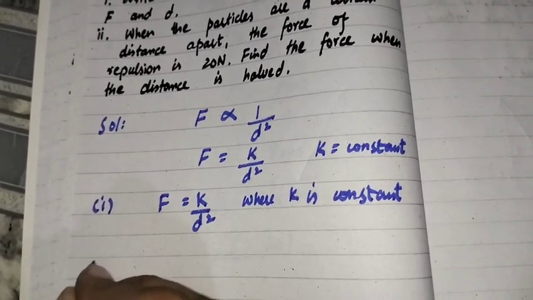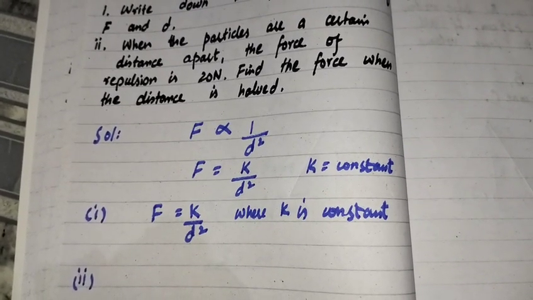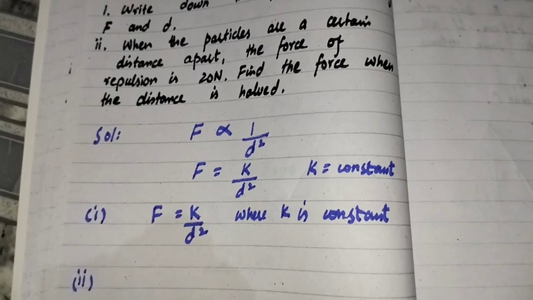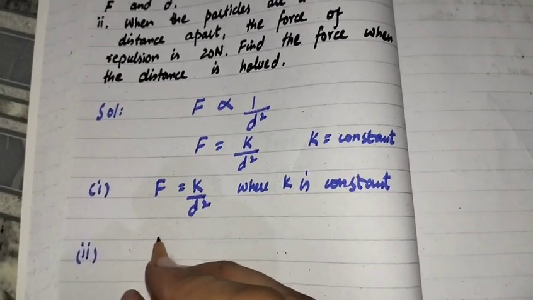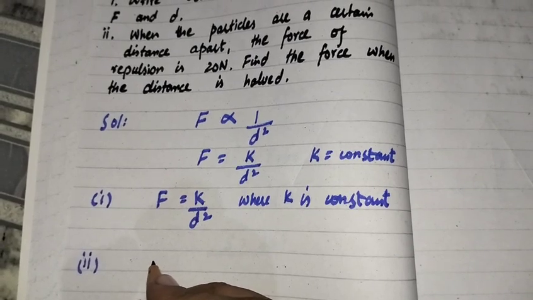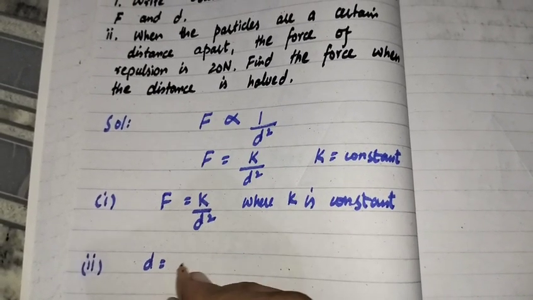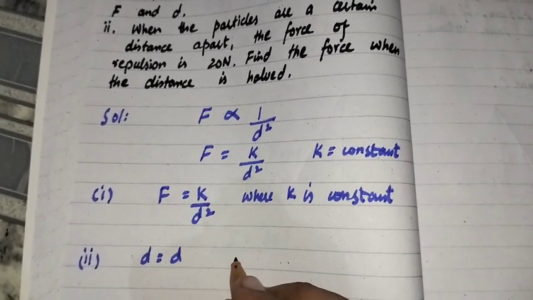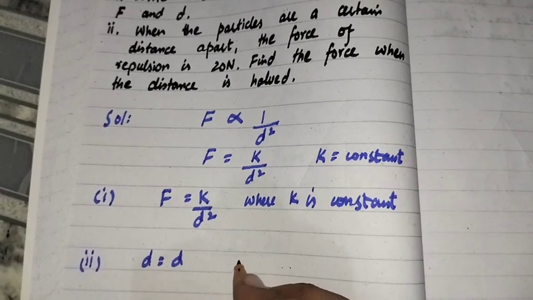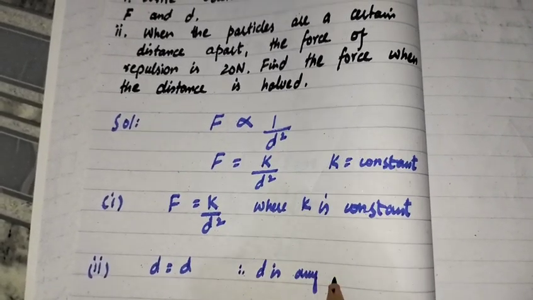In the second part they are saying that when the particles are at a certain distance apart, the force of repulsion is 20 Newton. The distance is not given, so we assume that the distance is d, any certain value.